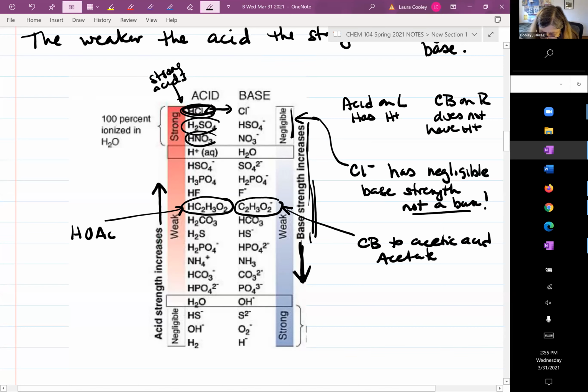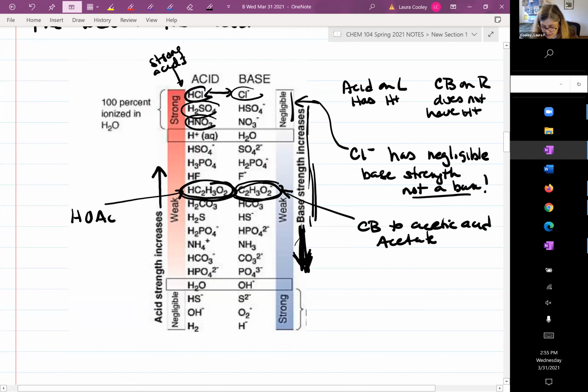So HCl is a way stronger acid than acetic acid, but OAc minus is a much stronger base than chloride. So this just gives you that idea. The weaker the acid, the stronger the conjugate base. The stronger the base, the weaker the conjugate acid. That's what this chart is indicating.